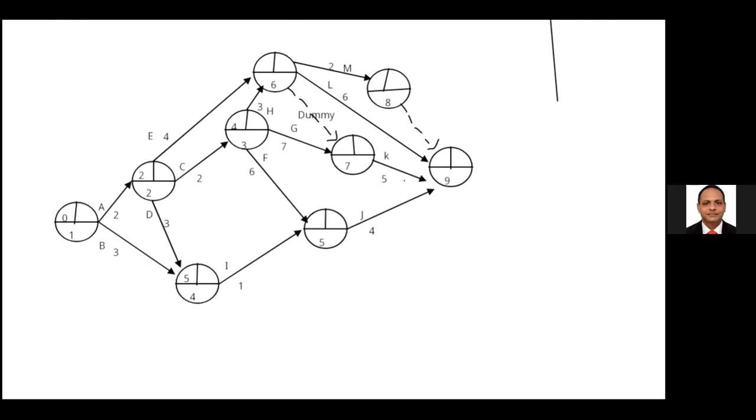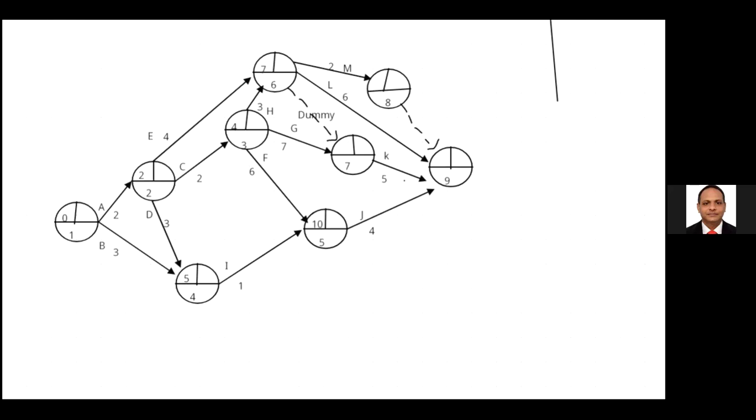Fifth event should be 10. 10 plus 4 is 14. 4 plus 7, 11. Here 4 plus 3, 7. Sixth event should be 7. Seventh event: 7 plus dummy 0, 7. 7 plus 4, 11.